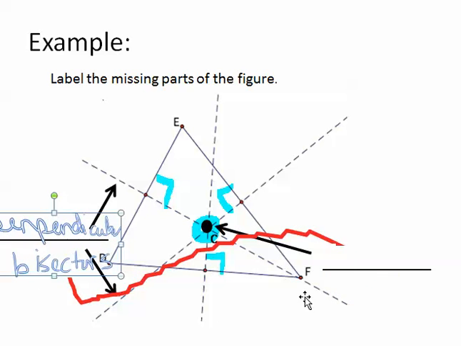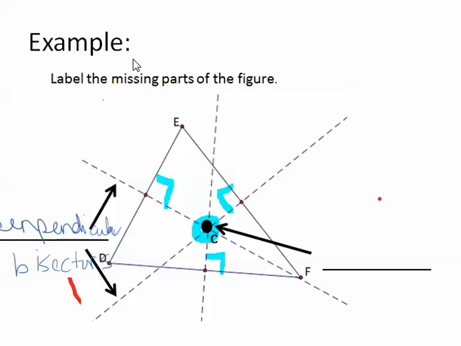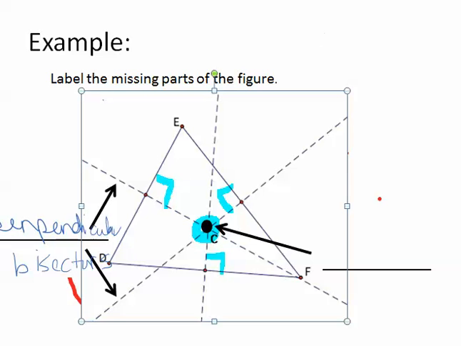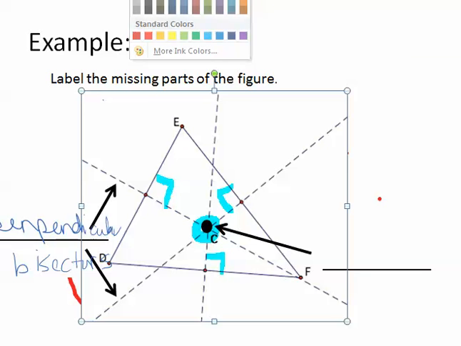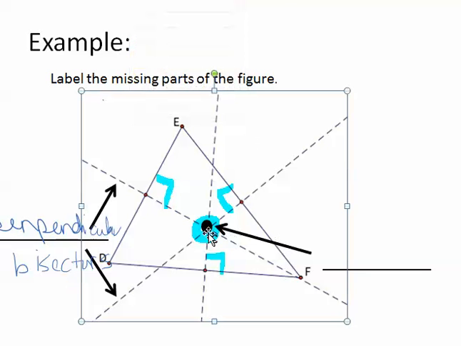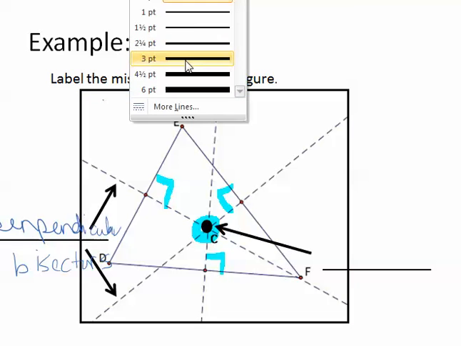Perpendicular bisectors goes over there, and then the point at which they meet is called your circumcenter.